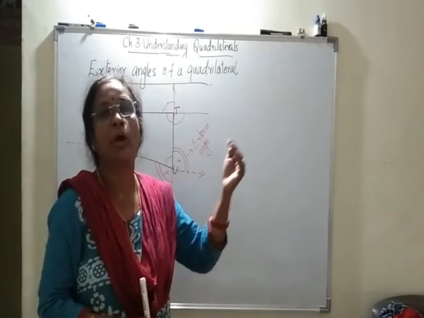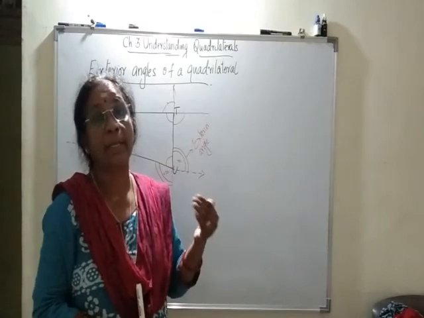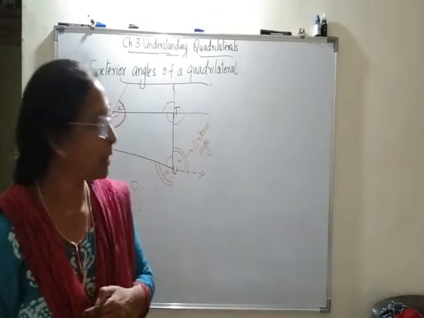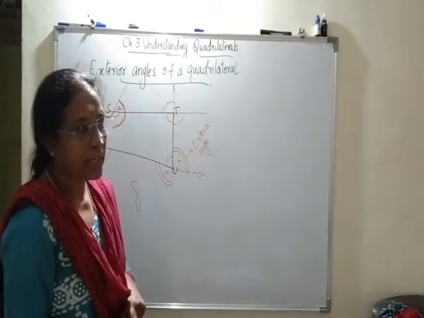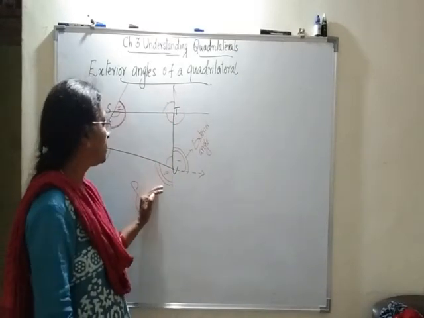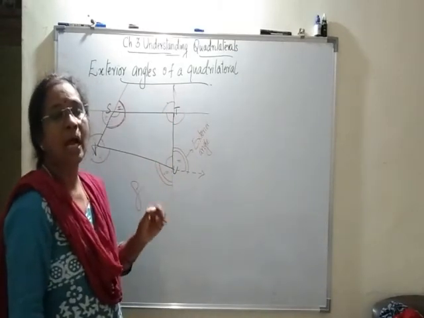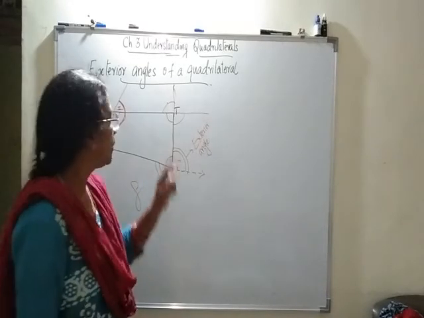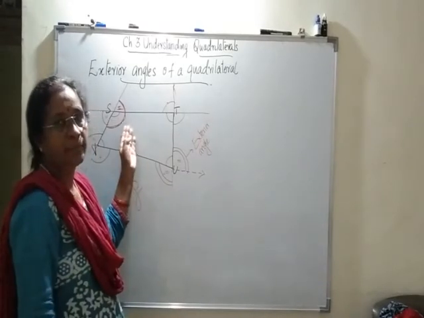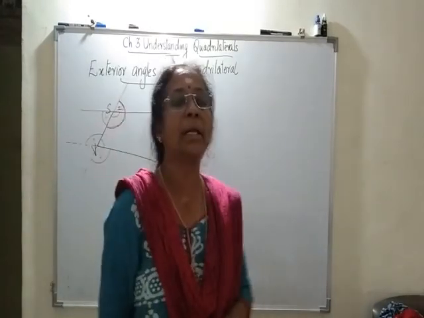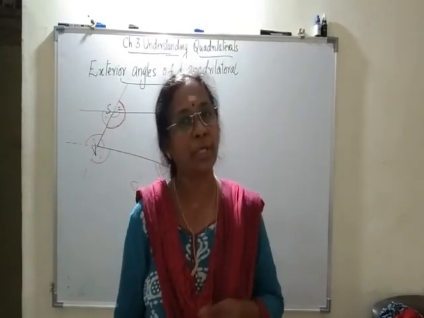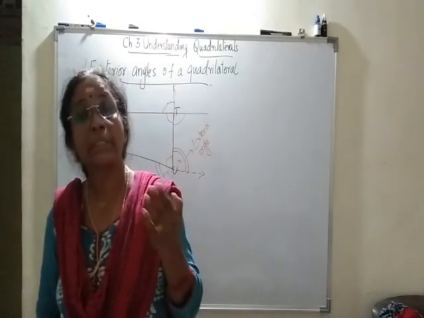They will actually be opposite to each other, vertically opposite angles. Okay. So for a quadrilateral, how many exterior angles will be there? 8 exterior angles. How many interior angles will be there? 4 interior angles. Okay.